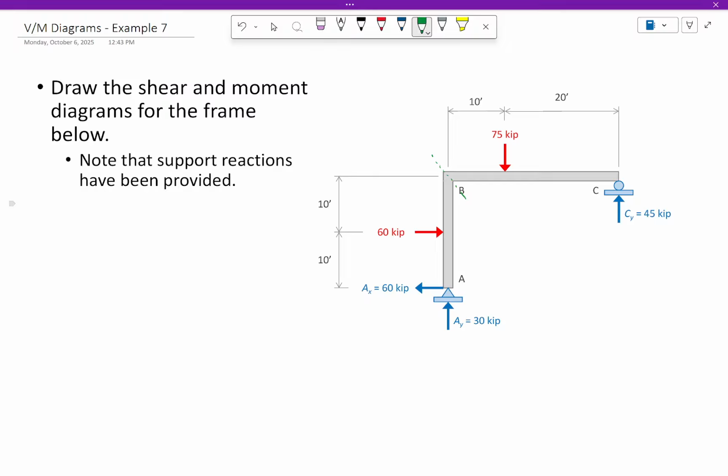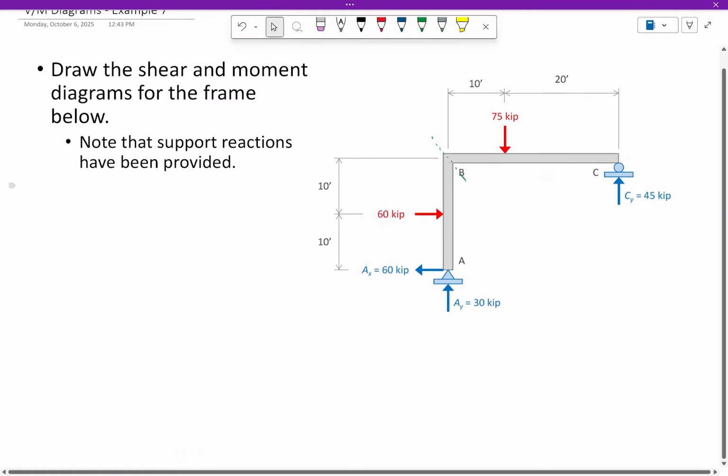I'm going to samurai sword or lightsaber through the structure right here, and I'm going to investigate equilibrium at that location. Then I'm going to use those internal forces to construct the shear and moment diagram. I think you'll find this is pretty straightforward. Okay, so let's go ahead and get into this.